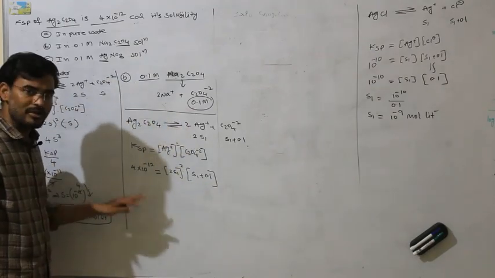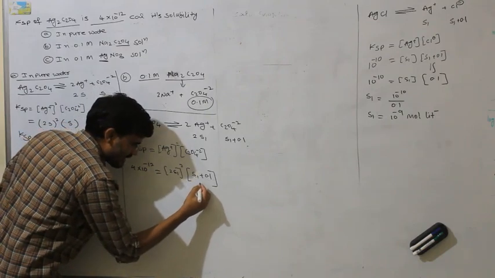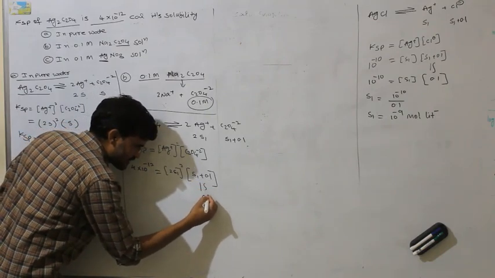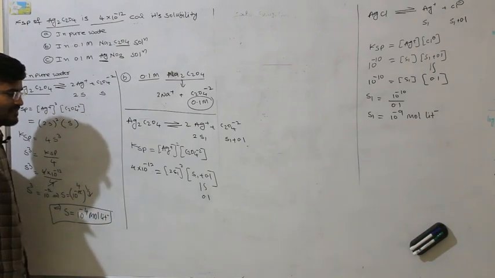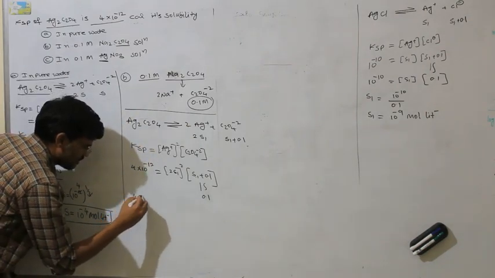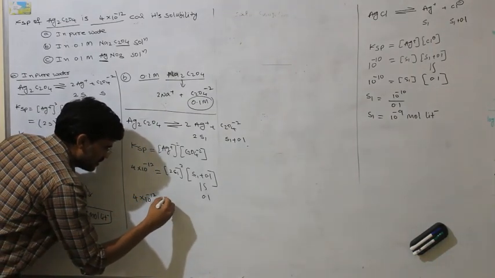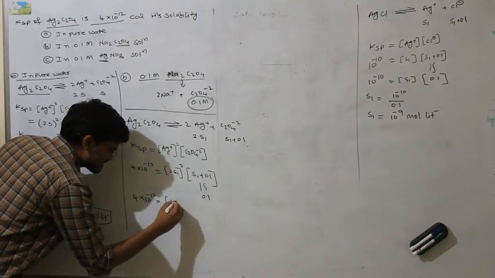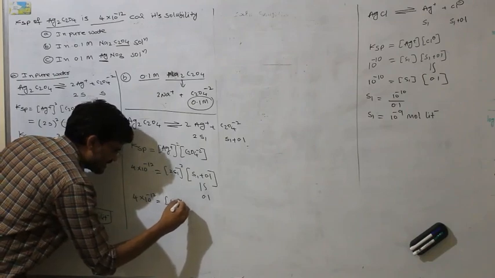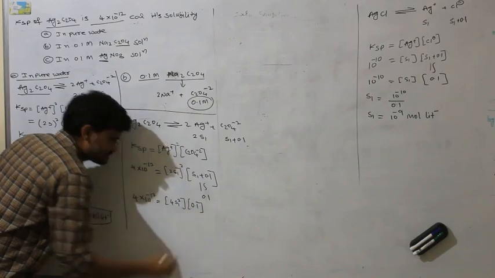Here what we do? Approximation. This S1 plus 0.1 I will approximate to 0.1 only. If I am approximating equal to 0.1, so 4 into 10 power minus 12 is equal to 4S1 square into 0.1.